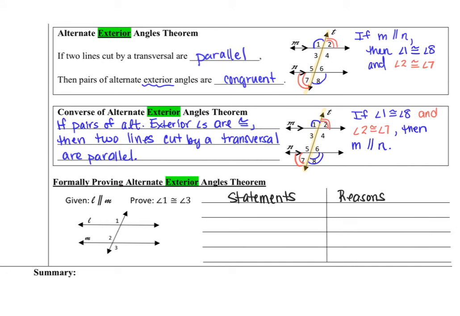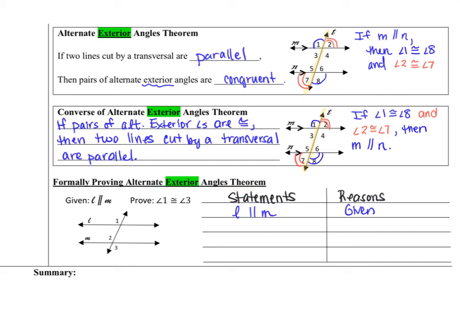It's going to look very similar to the last slide. Your first statement is always the given information: L is parallel to M. The reason is given. We're trying to prove that 1 and 3 are congruent, which are alternate exterior angles, but we're not going to prove it using that theorem.